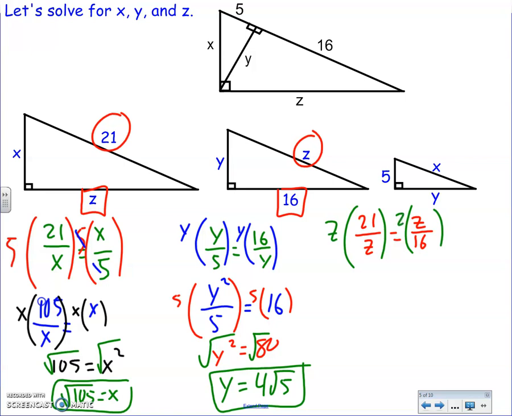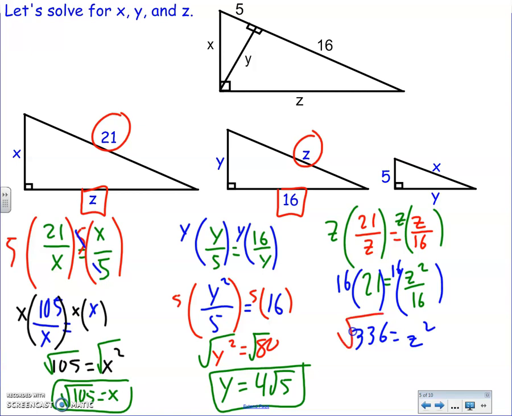Multiply z's, you get 21 equals z squared over 16. Multiply both sides by 16. You get 336 equals z squared. Square root both sides.